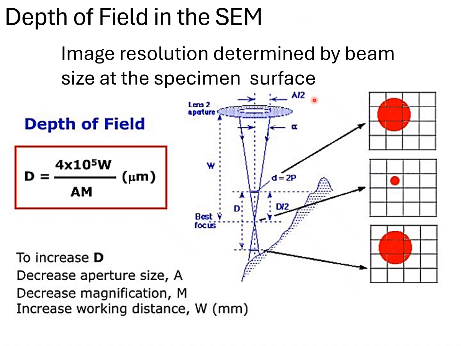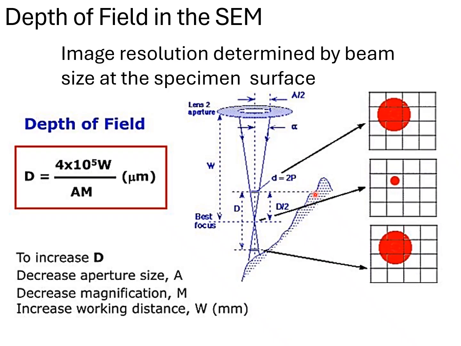Now, in an SEM, the image quality or the resolution of the image is dictated by the spot size, so where it intersects the surface. When you have a small spot size that hits the surface at this point, we see a smaller sampling of the surface. And when you have a large spot size and you have a variation in the surface height, for instance, this variation will become less resolved.